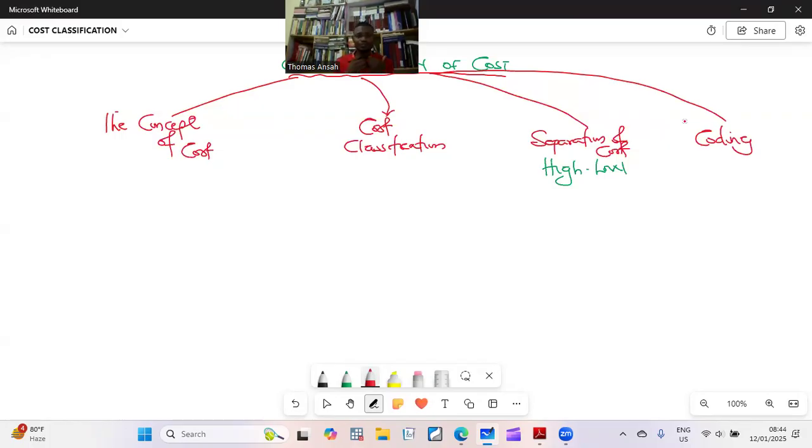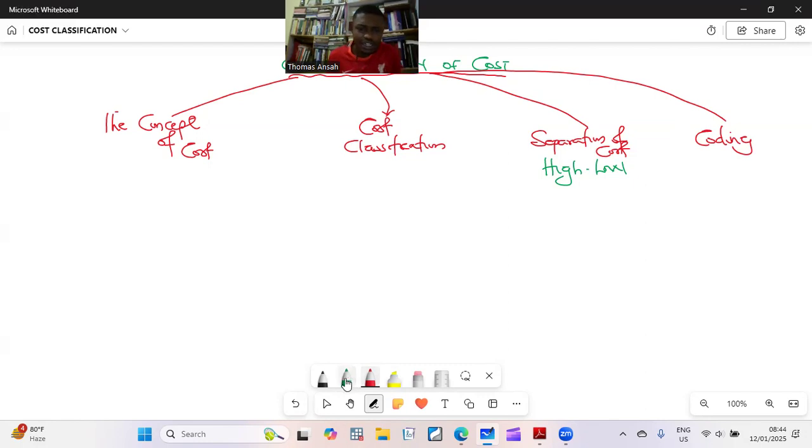The same thing in Nigeria, Tanzania, ACCA, ICAEW, England and Wales. So you could use the same thing. It is also good for performance measurement. If you are at the university level, I think that will be a level 3 course, where you will do management accounting. And if you are at the master's level, you'll be doing managerial accounting or performance management. These are the same thing.